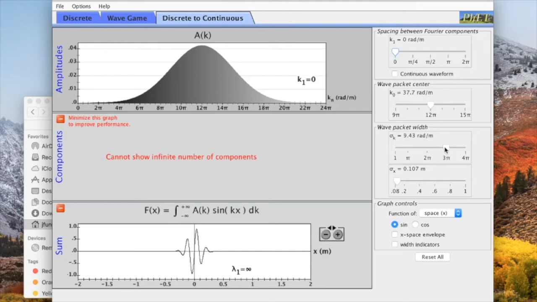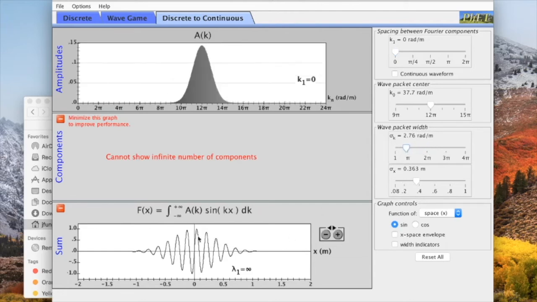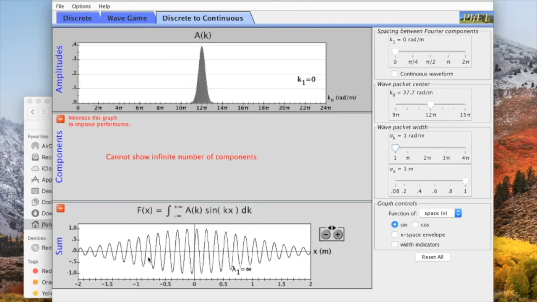Notice what happens. We're at 3 pi now. If I make the wave packet narrower in the range of wave numbers I include, so if I drag this to 2 pi, narrower. If I drag it to pi, this is getting wider and wider. If I drag this all the way to 1, now we have a much wider wave packet.